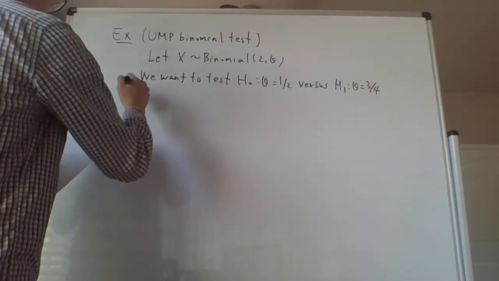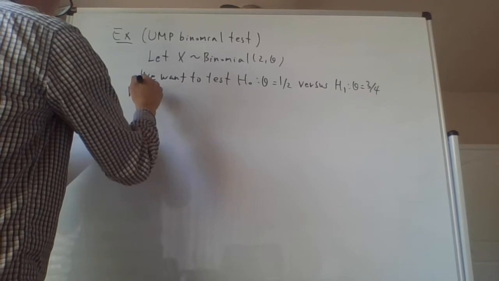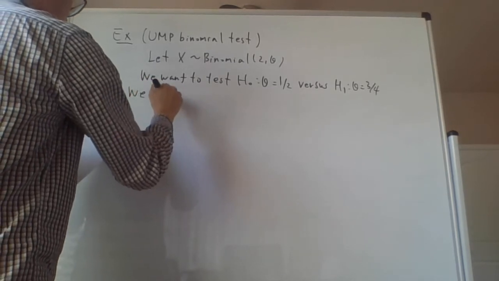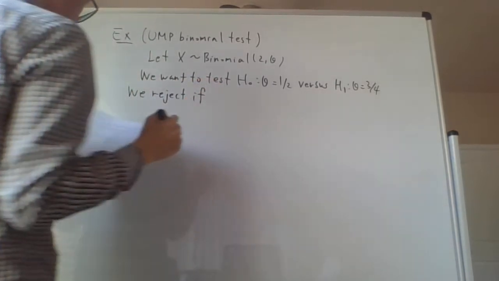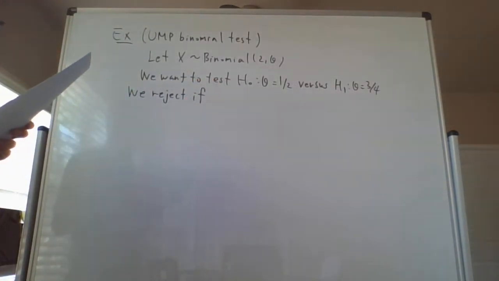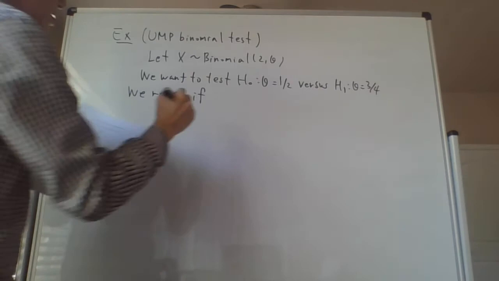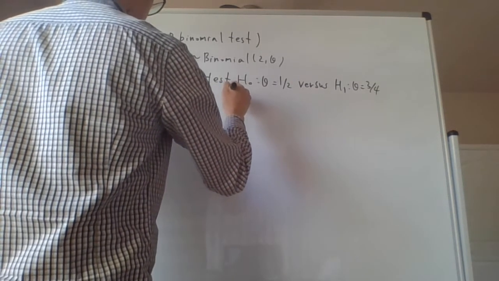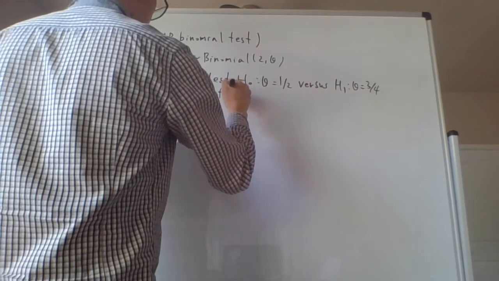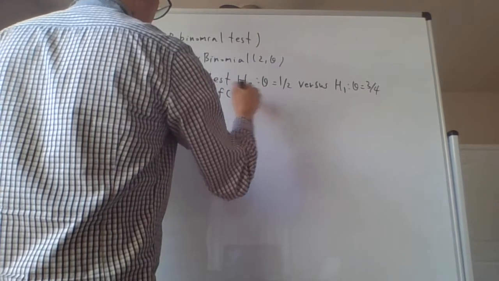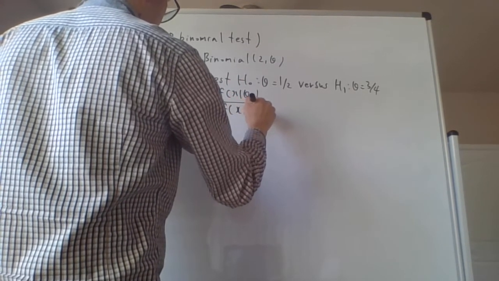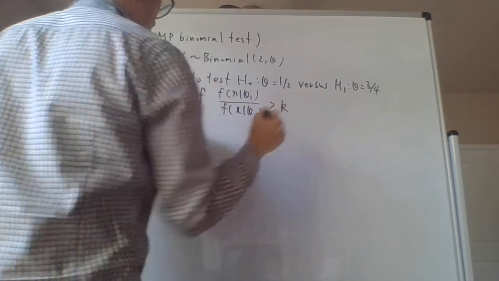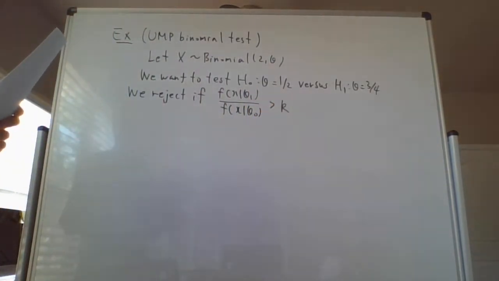So based on the theorem, or sorry, based on the lemma, we reject if the ratio under the alternative and null is greater than k.